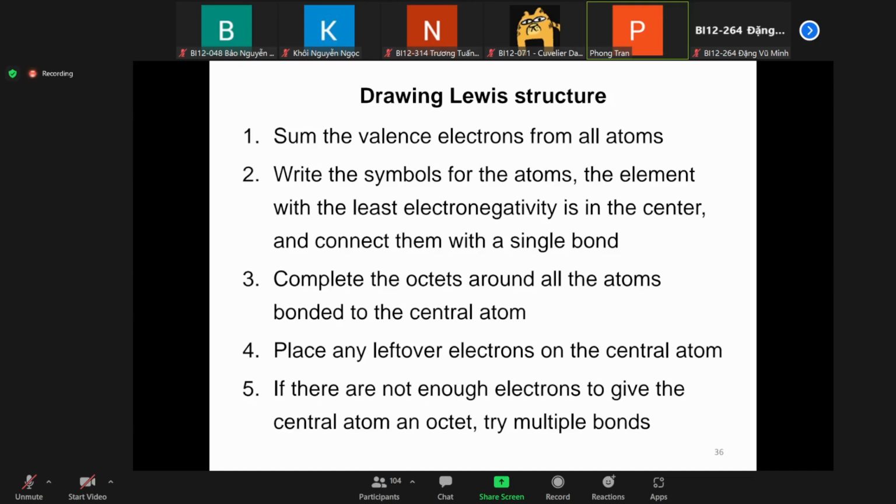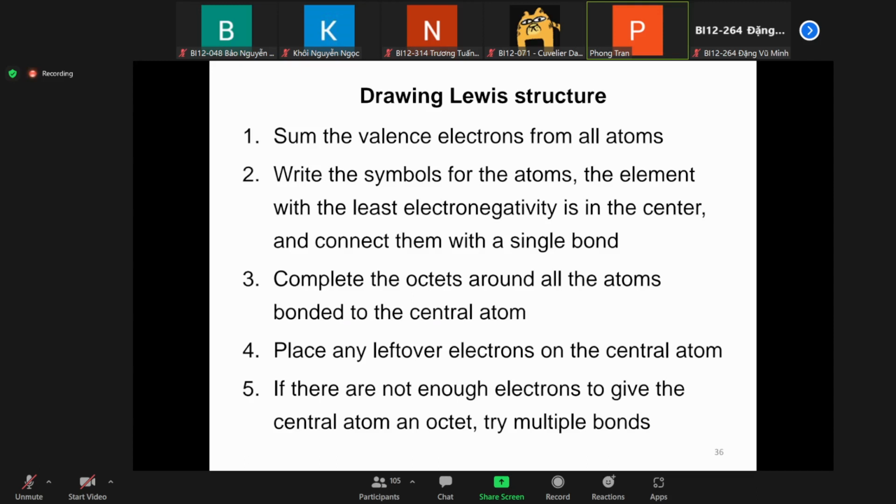The element with the lower electronegativity is in the center, and you put the remaining atoms around this center, and you connect all of the atoms to the central atom by a single bond. One single bond is equal to 2 electrons.